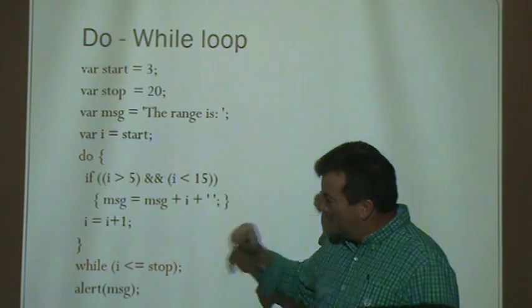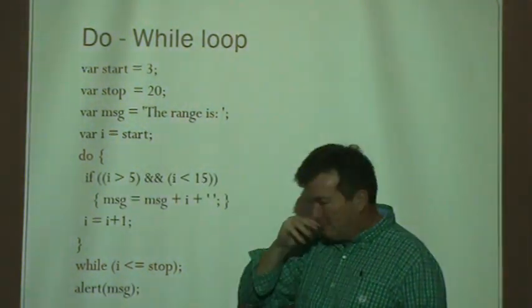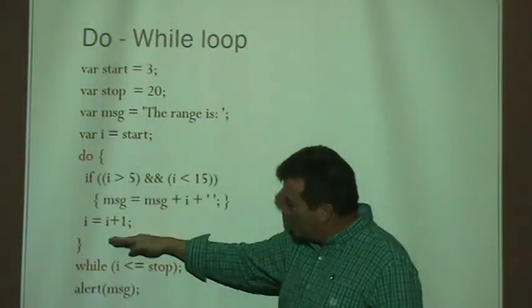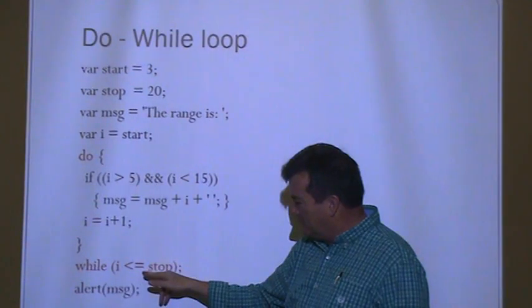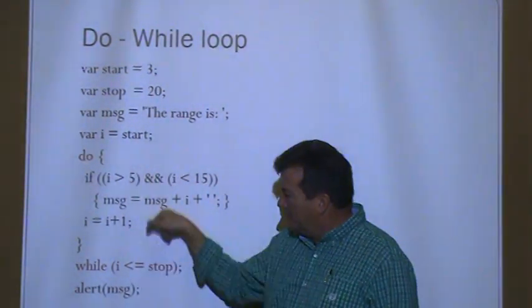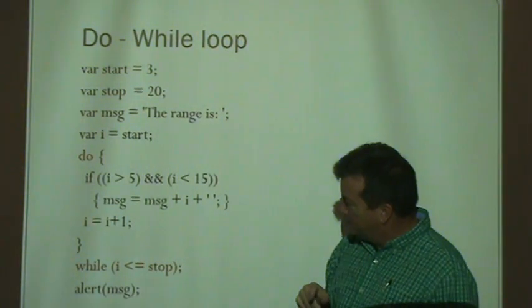The do while, the code in the loop is guaranteed to run at least one time. It will run whether this statement is true or not. It runs, then when it gets to the bottom, it says, okay, is it true? And if so, it'll run again. And as long as this is true, it'll run an extra time and an extra time. So this is guaranteed to run once.